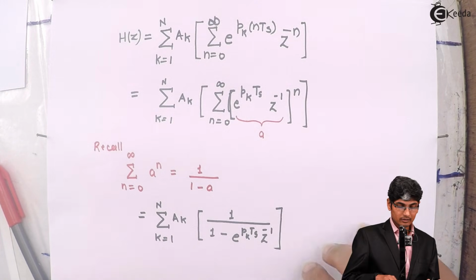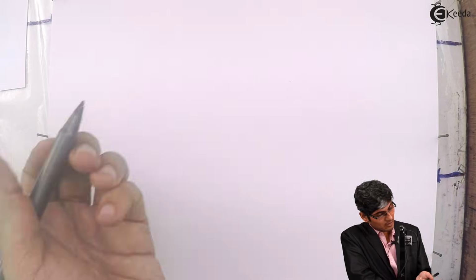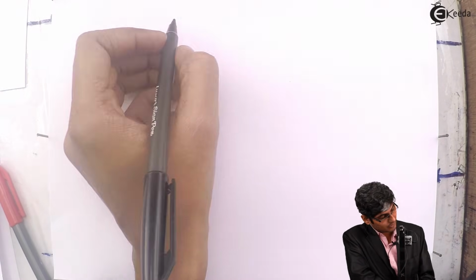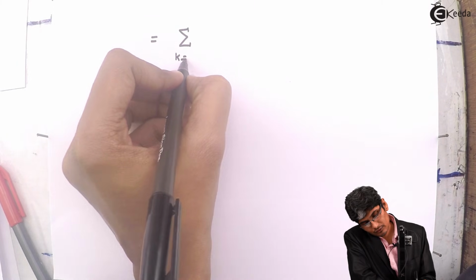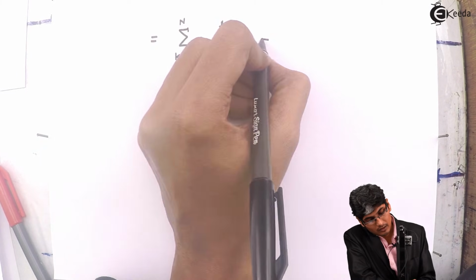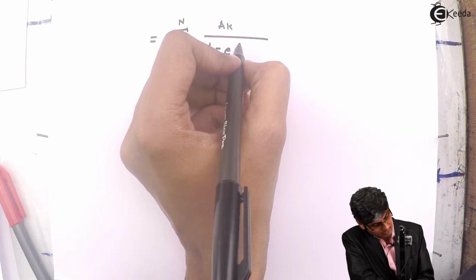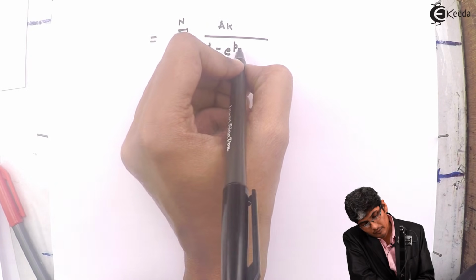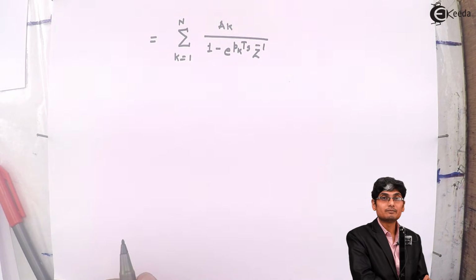Let us bring that a_k inside. We get summation k going from 1 to n, a_k divided by 1 minus e raised to p_k Ts z raised to minus 1.